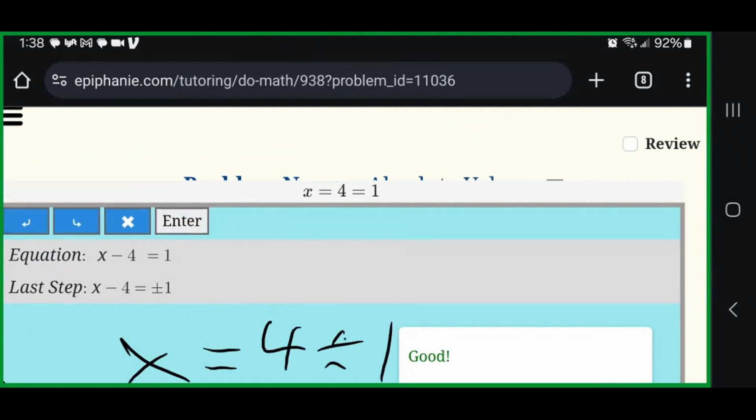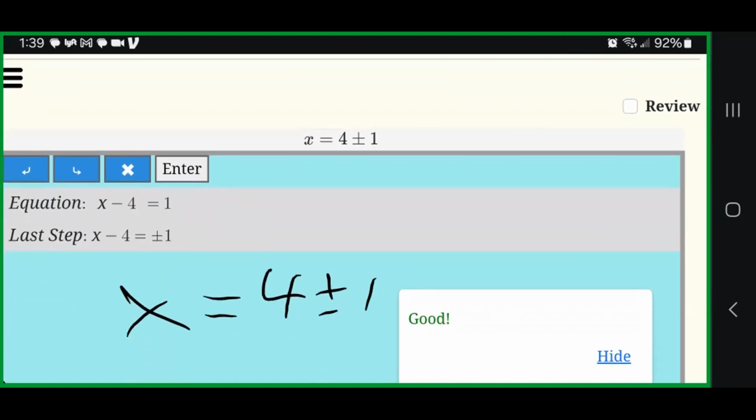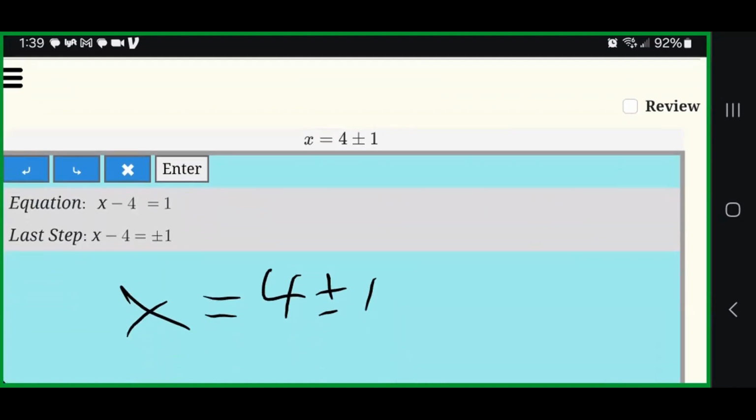Did it get that? Didn't get that. Let's get that right. Plus or minus 1. You can erase things by just slashing through them as well. Let's hide that. That's getting in the way.